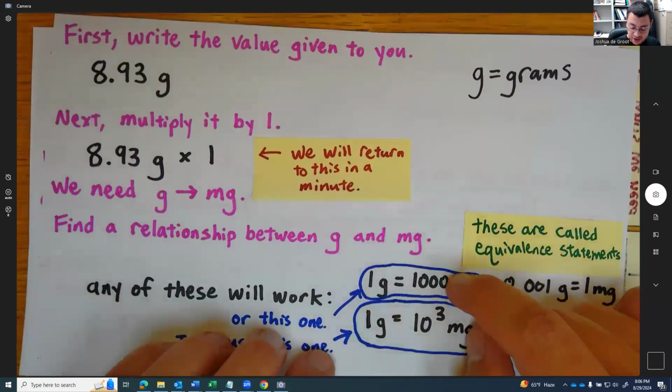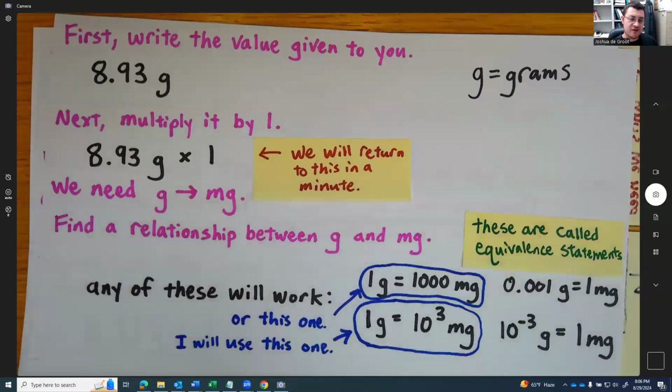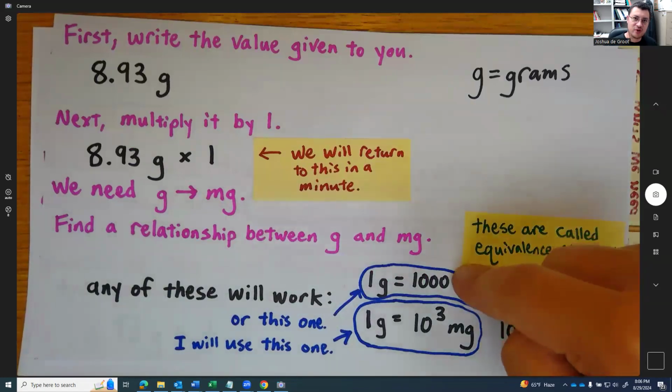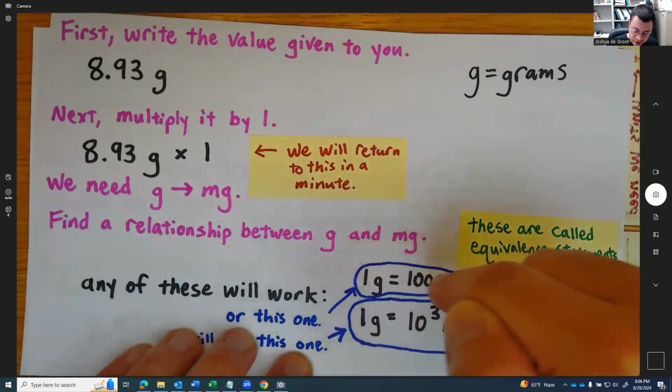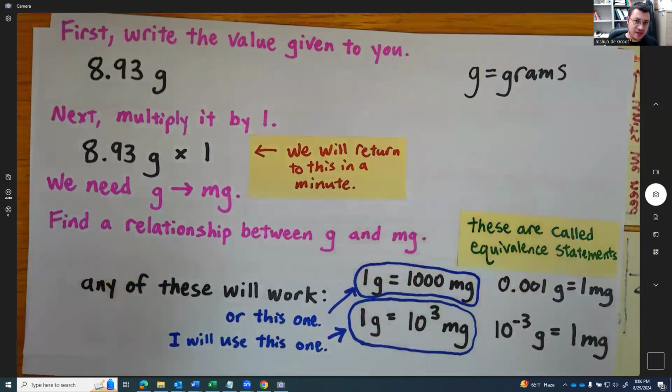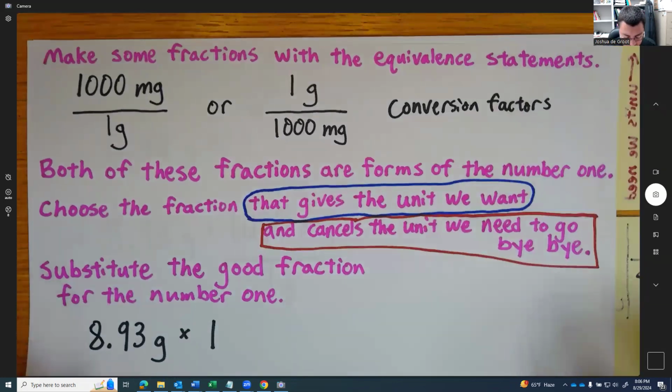If we divide 1 gram by 1,000 milligrams, in one sense, we're dividing 1 gram by another form of writing 1 gram, which is 1,000 milligrams. We divided one thing by another thing it's equal to, so that should be 1. So we've made 2 different forms of the number 1.